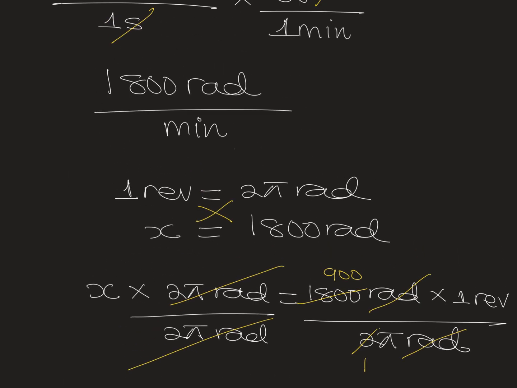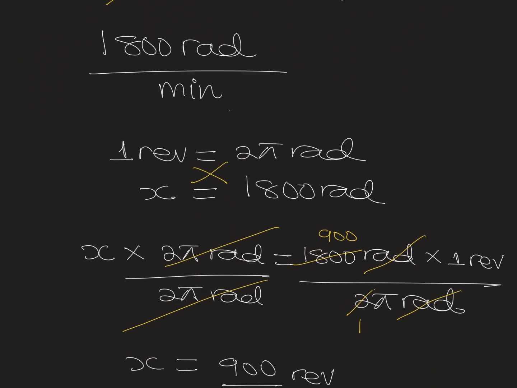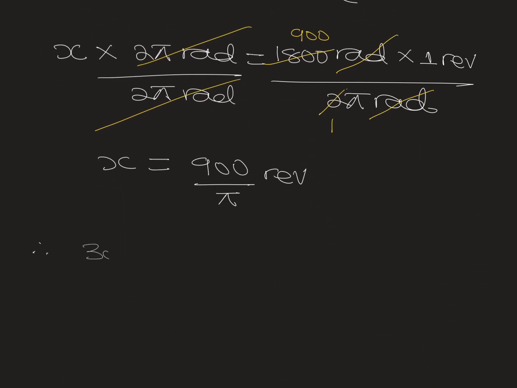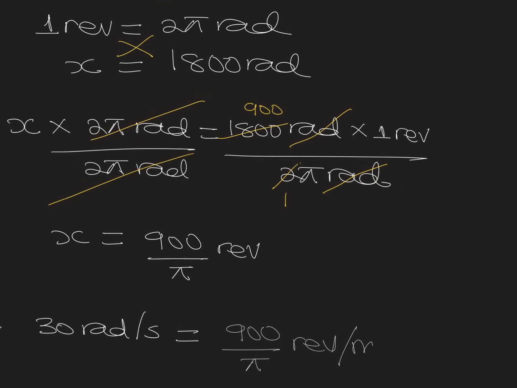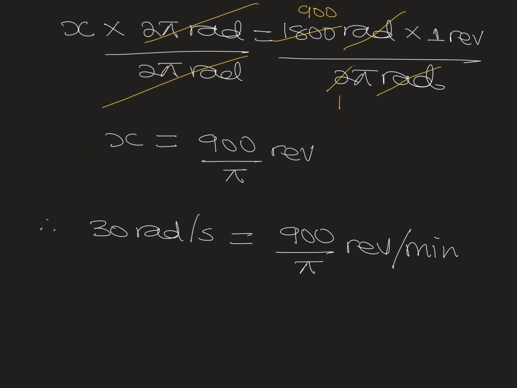Therefore, 30 radians per second is equal to 900 divided by pi revolutions per minute.